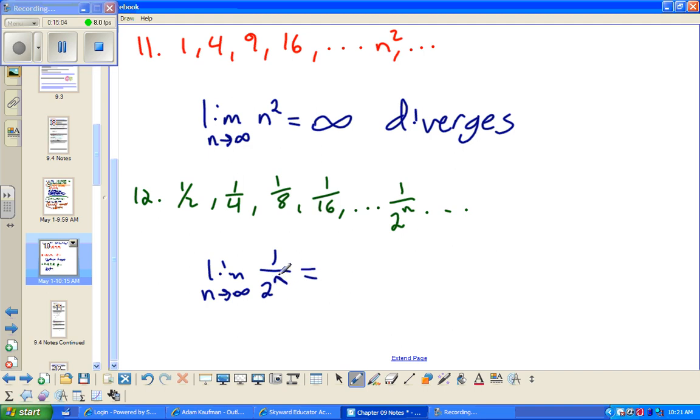Well, as n gets really, really large, what happens when you take 1 divided by an extremely large number? Do you approach a specific number? Yeah, you're going to approach 0, which means we say that it converges. And what does it converge to? It converges to 0.